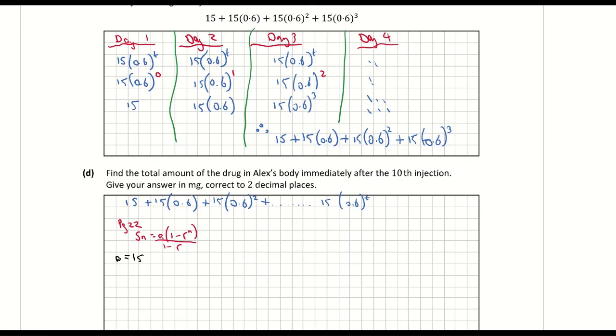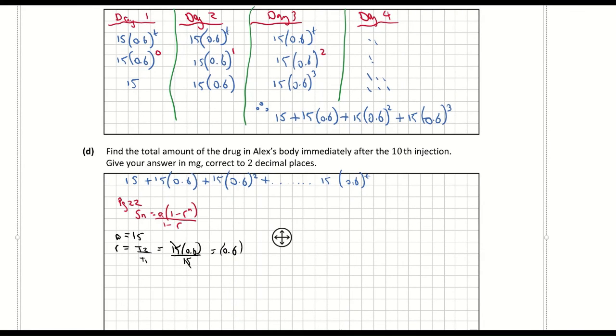My r is what I'm going up by each time, the ratio. So if I take any term, let's say term 2 divided by term 1, we would have 15 times 0.6 over term 1, which is 15. The 15s cancel, so my common ratio here is 0.6. That's what that's telling us.